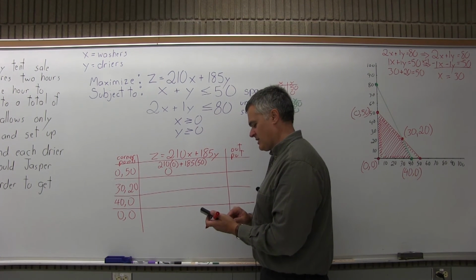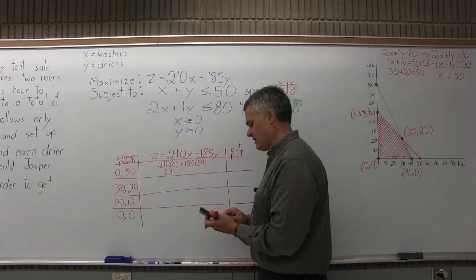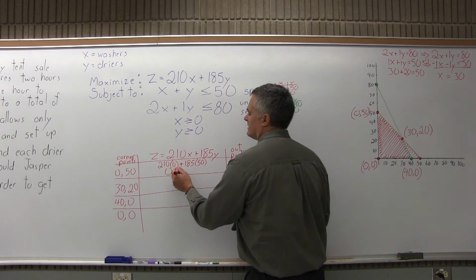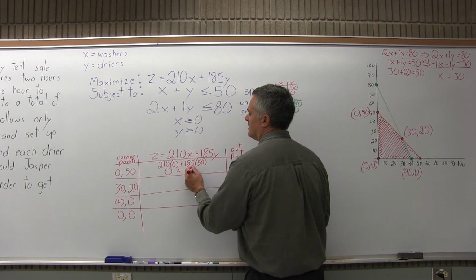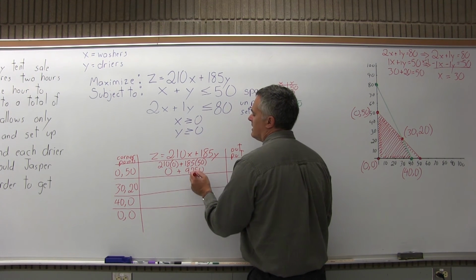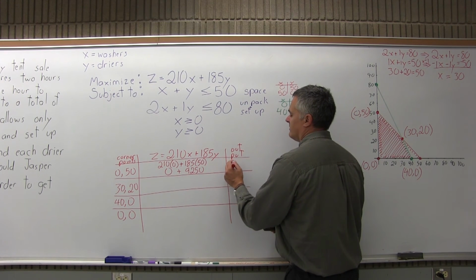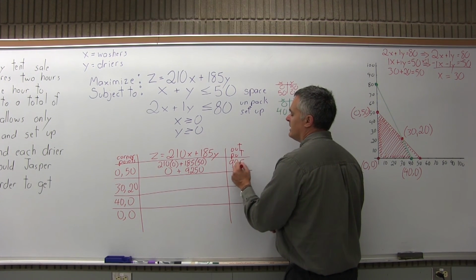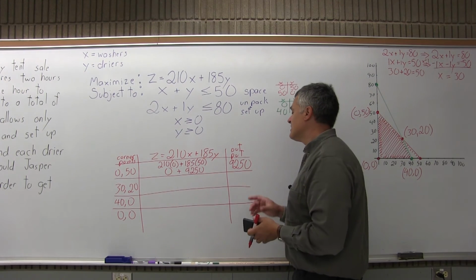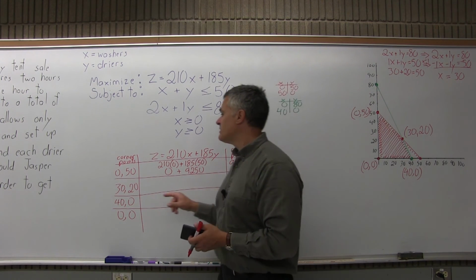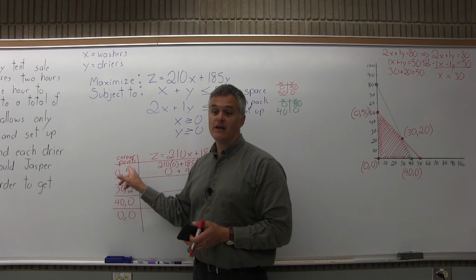Let me check that with the calculator. 185 times 50 is 9,250. And now if I add 0 plus 9,250, I get a result of 9,250. And what that result means is Jasper will have a profit of $9,250 by setting up 0 washers and 50 dryers.